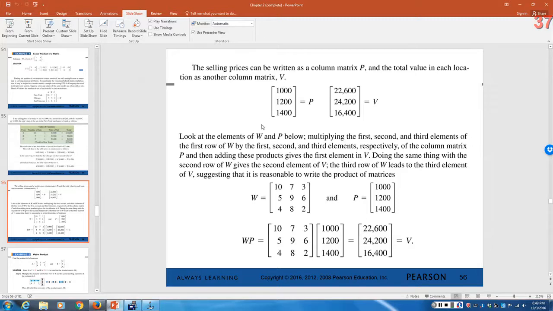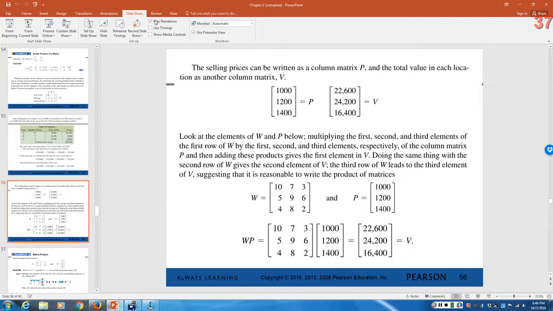You could also have taken the selling prices and this price that we just got by multiplying and looked at it this way, and that's actually what we just did by trial and error.